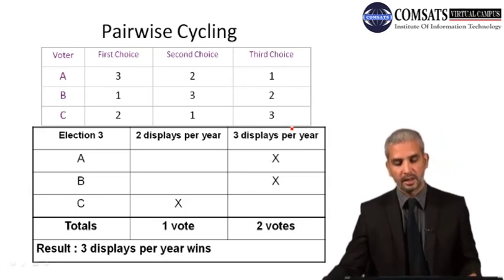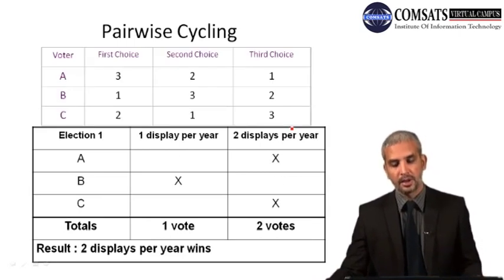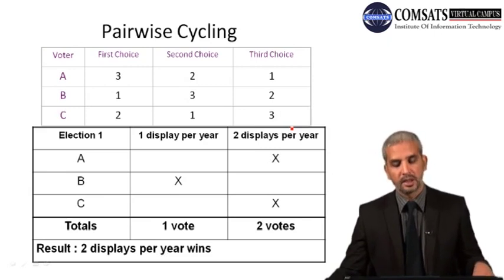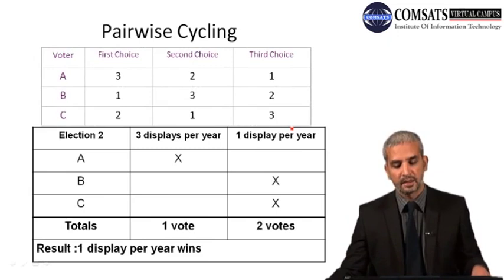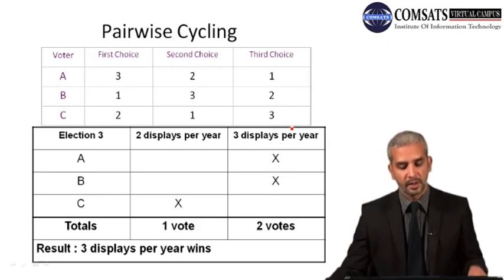Now do you see that when the alternatives were presented as 1 and 2, 2 displays per year wins, but when they are presented as 3 displays per year and 1 display per year, 1 display per year wins, and when they are 2 displays per year and 3 displays per year, 3 displays per year wins.